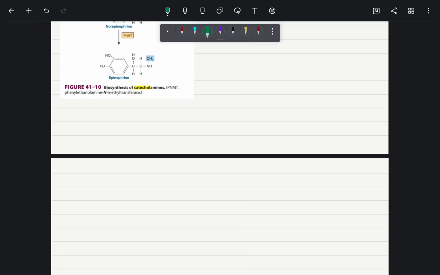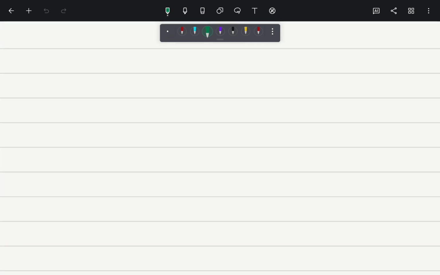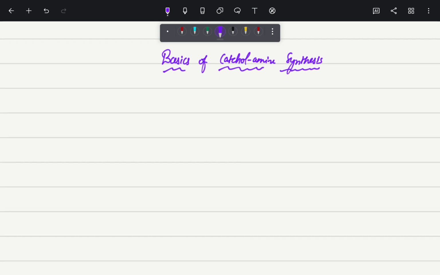So initially, in order to understand this, we will start with the basics of catecholamine synthesis. In order to understand this, we will draw the structure of a benzene ring. So this is a benzene ring, and this benzene ring is going to have 6 carbons.